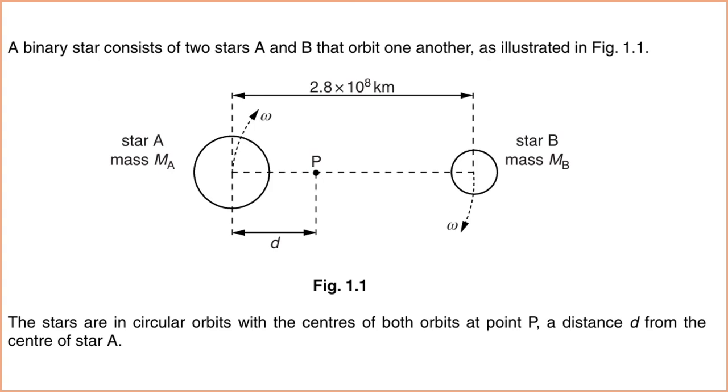The question reads, there is a binary star system, stars A and B, that orbit one another as illustrated in the following figure.